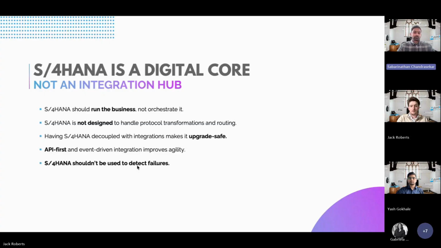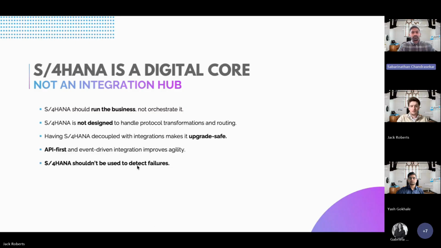If you're having extensions on top of your S/4HANA without integration in place, for every single upgrade you have to go through serious regression testing, where there would be hundreds of interfaces, and even a small change to one of those interfaces could be the biggest risk for the overall program.